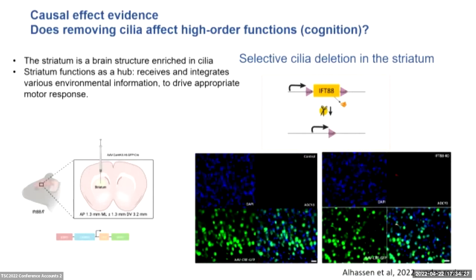We injected Cre, which works like scissors, to cut this gene from a specific area, the striatum, which is very enriched in cilia. As you see here, when we removed IFT88, we removed cilia. I hope the difference between those two pictures is clear.